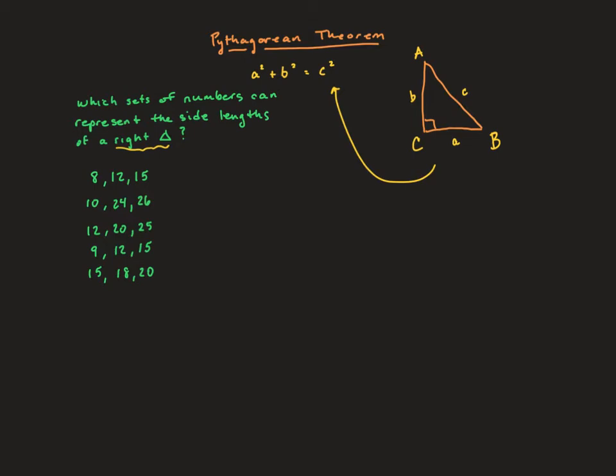So if we just do one quick diagram, I have a squared plus b squared equals c squared.